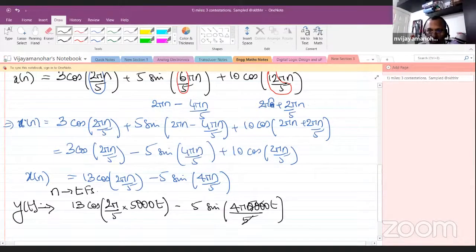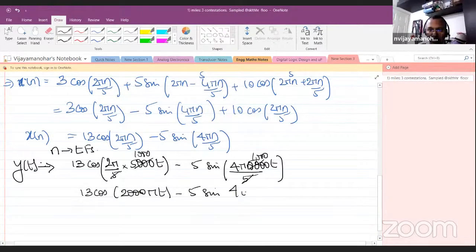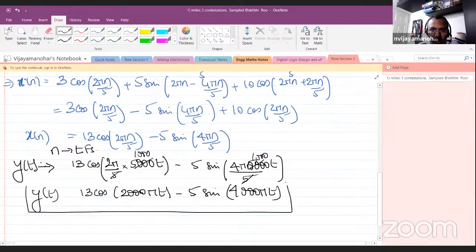So this will become 1000. This will also become 1000. So I will see 13 cos 2000 pi t minus 5 sine 4000 pi t. That's clearly, I am not able to reconstruct my original signal.